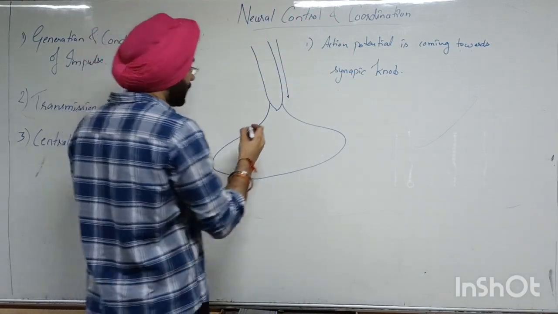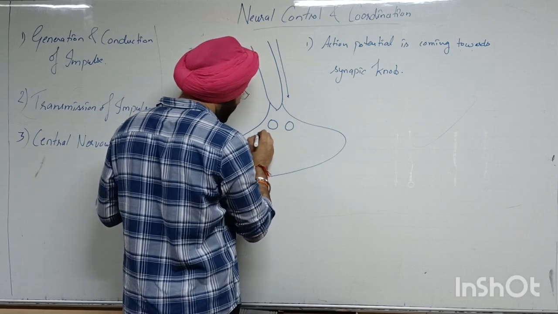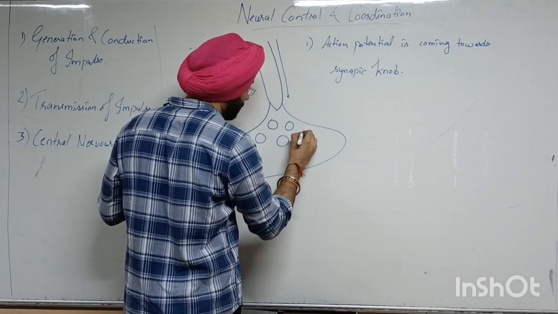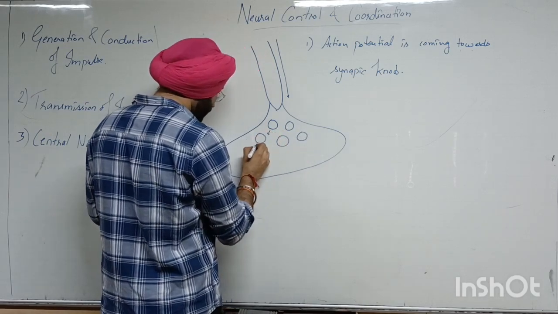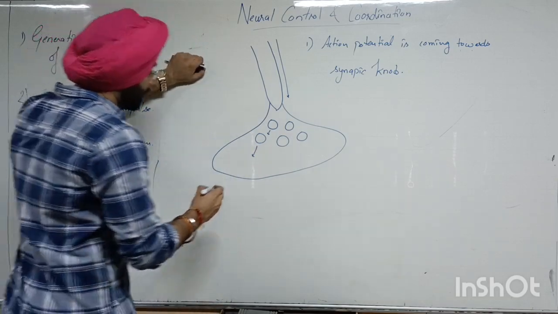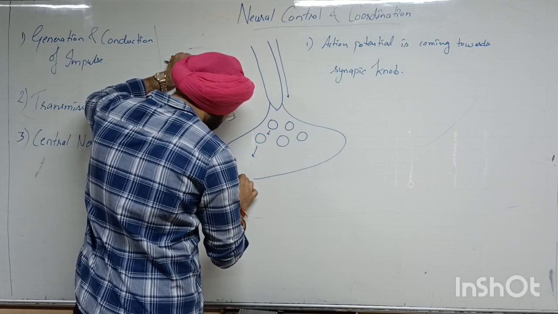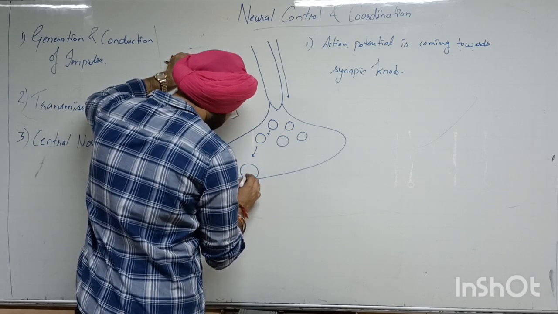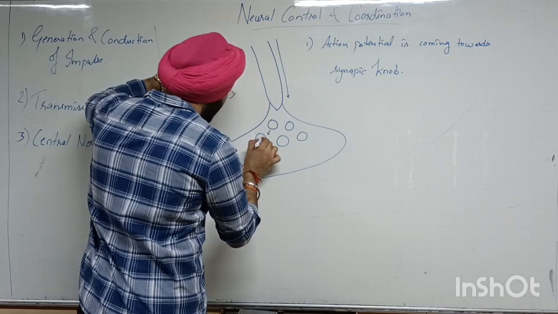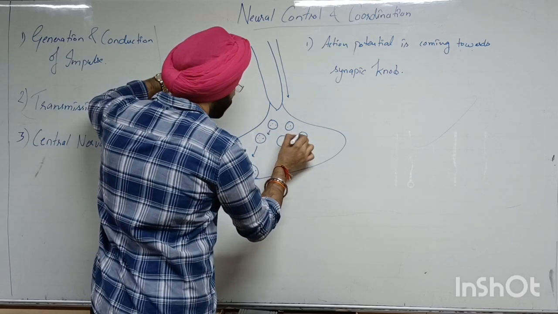In the synaptic knob, fluid-filled vesicles are present, which are coming towards this membrane. These vesicles are filled with a special chemical known as neurotransmitter.